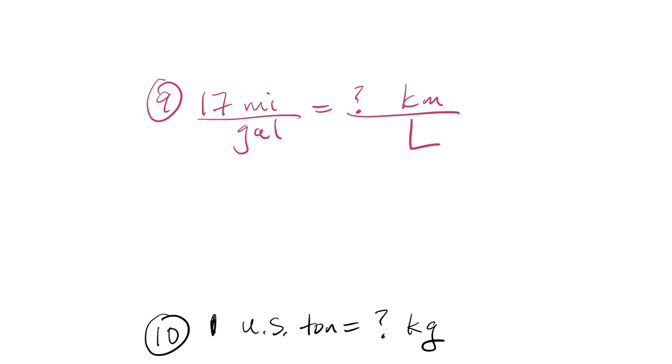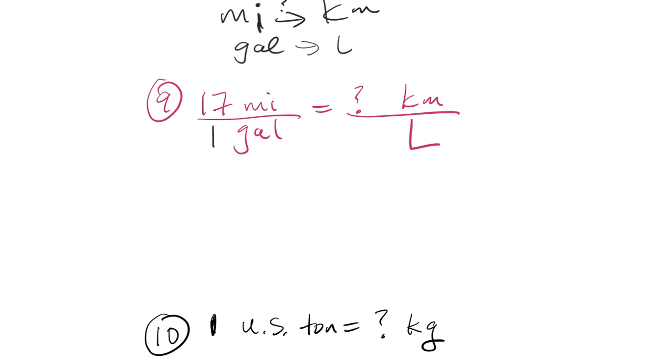This next one is mileage, like gas, miles per gallon. So I assume there's a 1 there. So I'm going to have to change the miles to kilometers. I think there's a direct conversion on that. I've got to change gallons to liters. I think there's a conversion for that too.